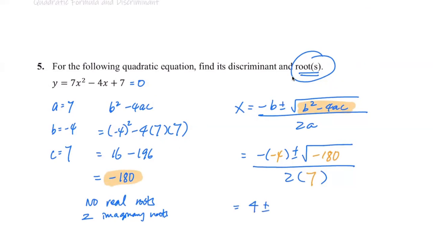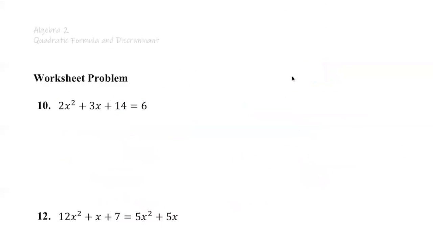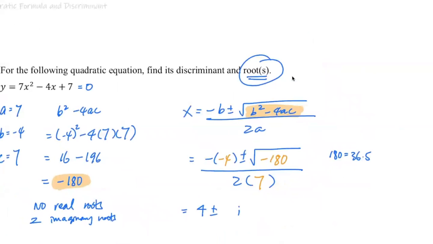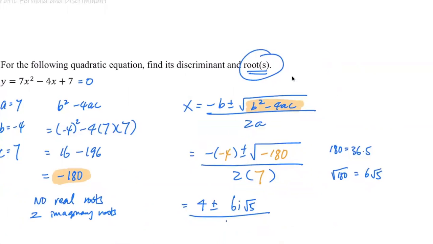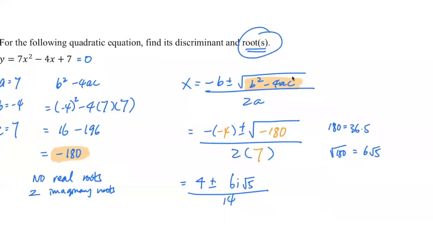And then let's simplify -180. Because it's a negative number, we know there's an i. What's 180? 180 is 36 times 5. So the square root of 180 is equal to 6 root 5. So 6i root 5 is equivalent to the square root of -180.